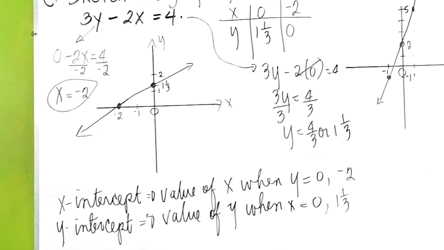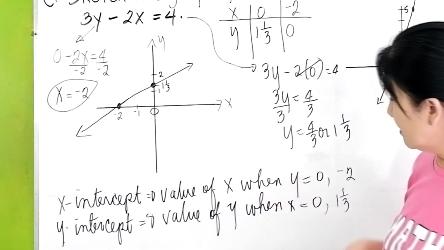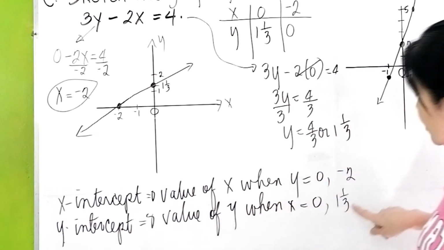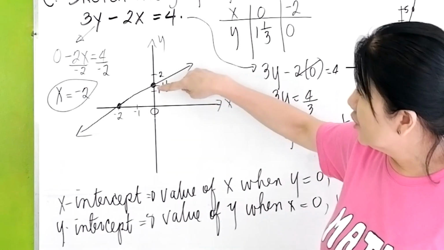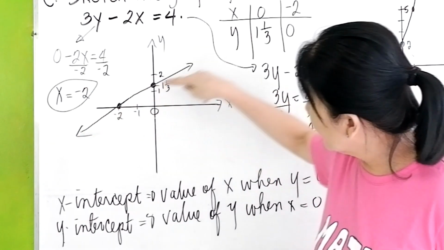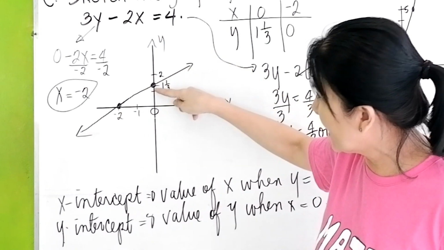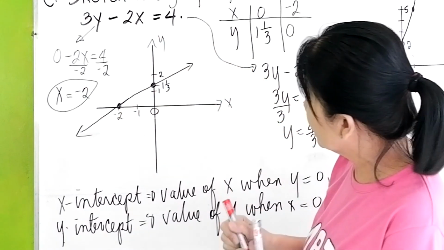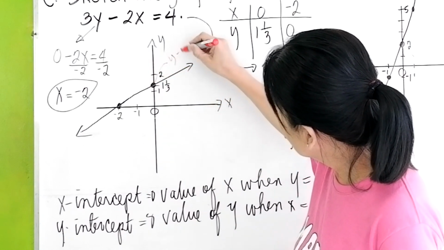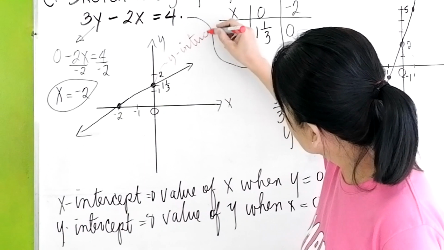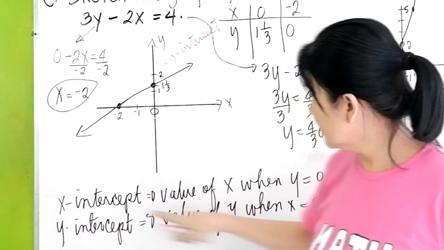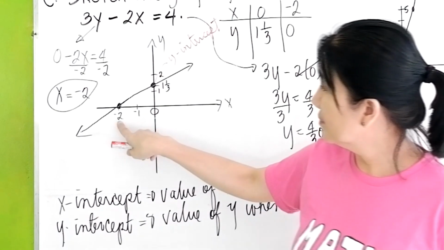Now, geometrically, you will see that your y-intercept, which is 1 and 1/3, geometrically is where the line intersects the y-axis. So this is your y-intercept. And what about the x-intercept? -2.